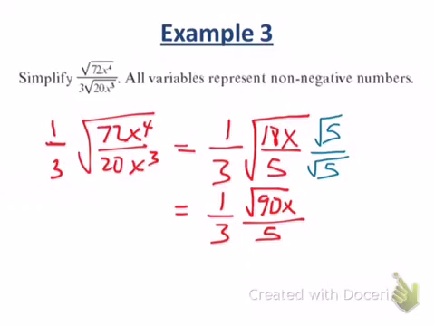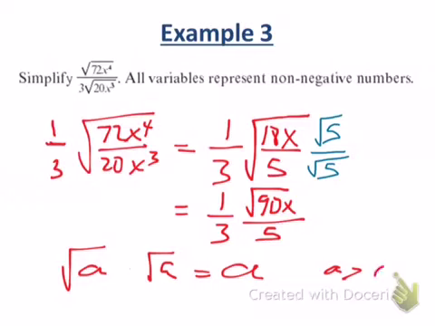The property at play here is that the square root of a times the square root of a is always equal to a, as long as a is positive or equal to 0. It has to be non-negative. So if you multiply the square root of something times itself, it just undoes the radical. The reason it does that, Brent, is because of what a square root is.